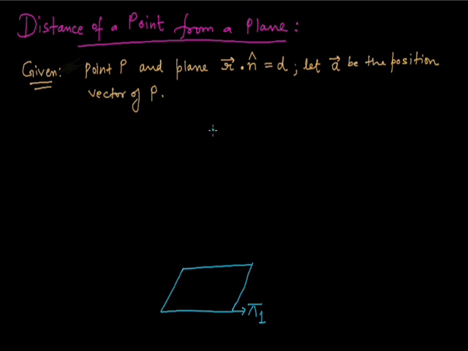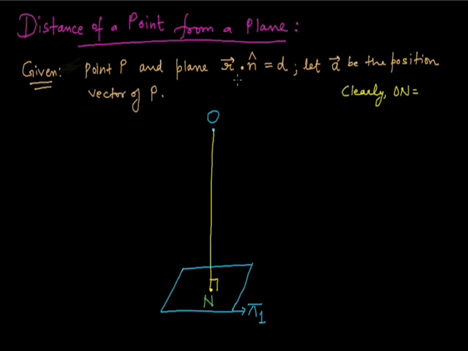Suppose this is the origin, and suppose this point is N. So the distance of this point ON will be the distance of this plane from the origin.